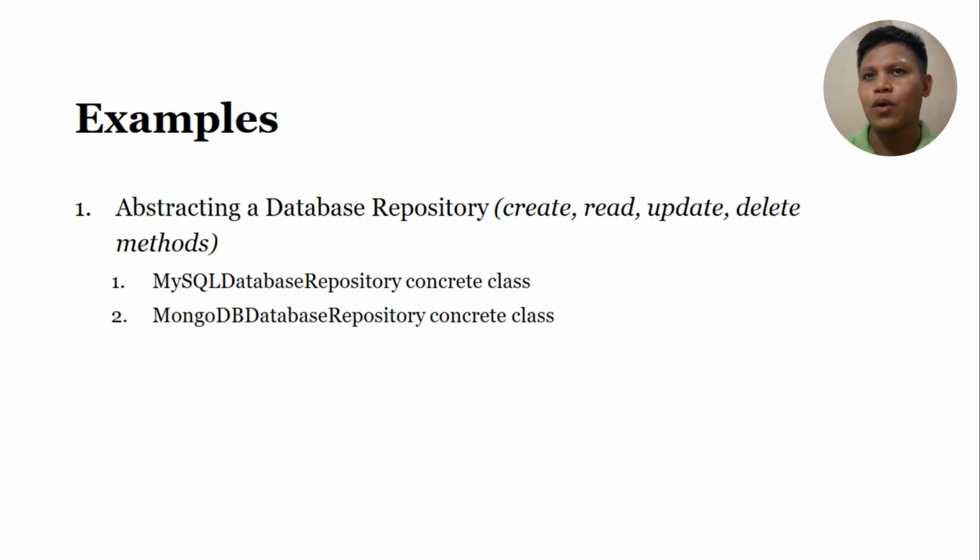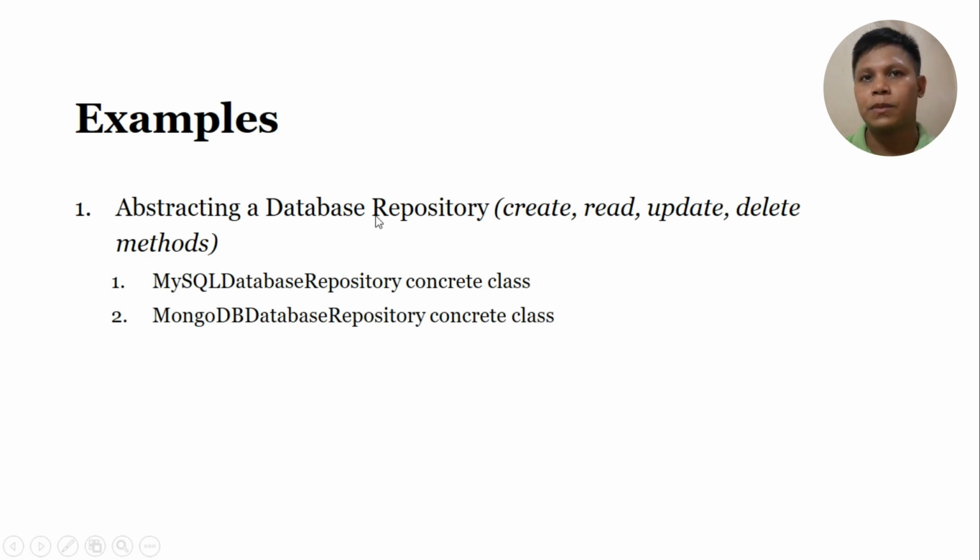Specifically, if we're going to apply abstraction in actual software development, we could abstract our database repository. Let's say our database repository has create, read, update, delete methods.